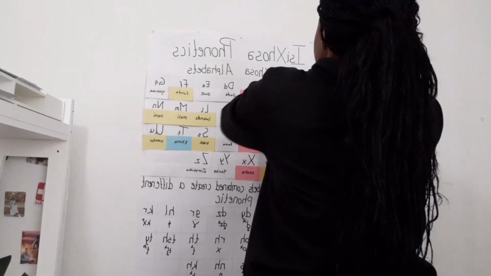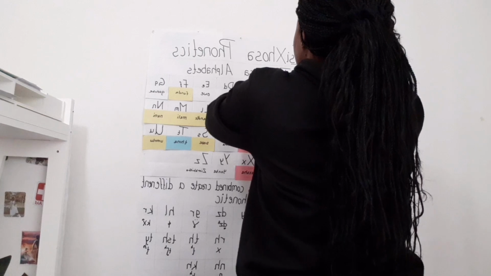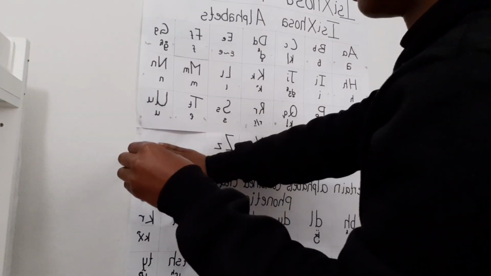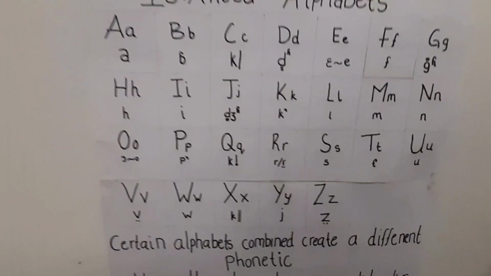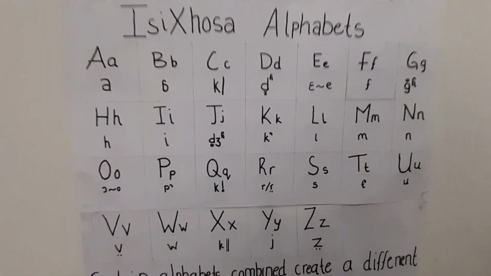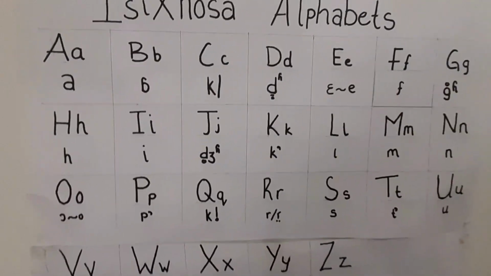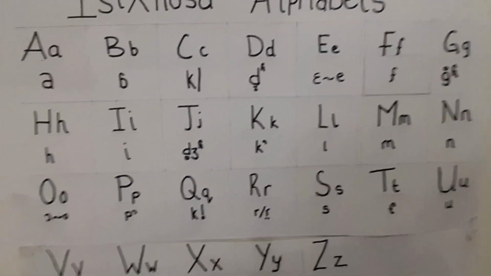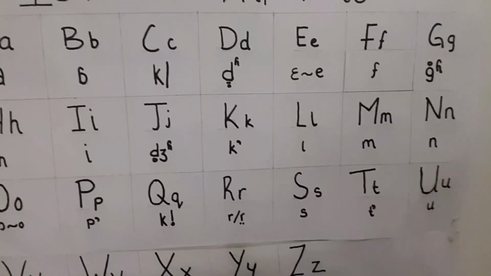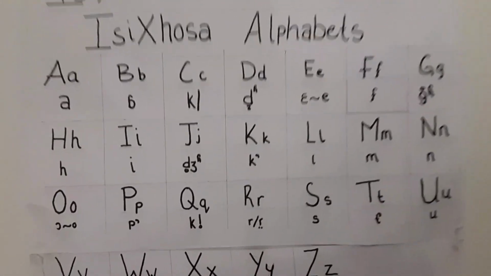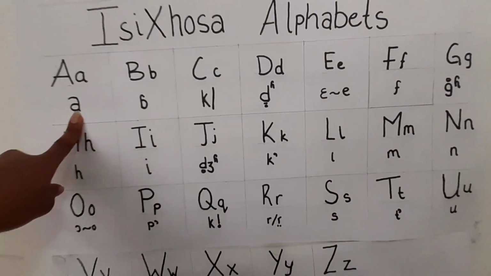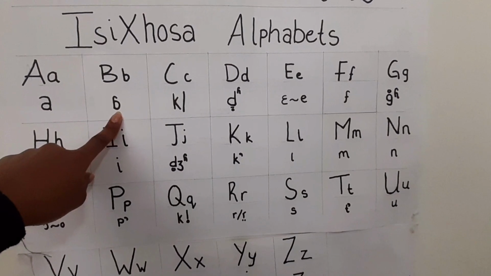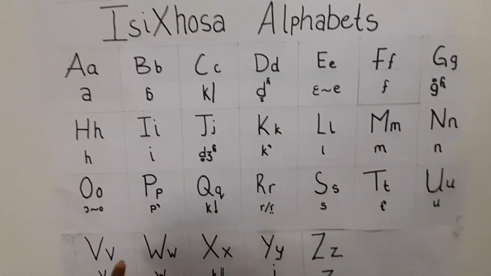I'm just going to take these out quickly. Okay, so this is what the phonetics look like for the actual alphabets. You can Google these, you'll probably see them better if they are typed. I just tried to handwrite them as I was doing this chart, but as you can see, this is what the A looks like, the B, etc.